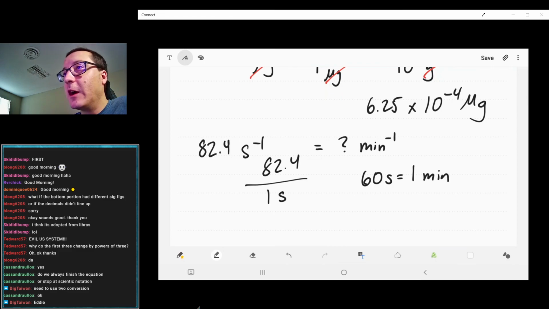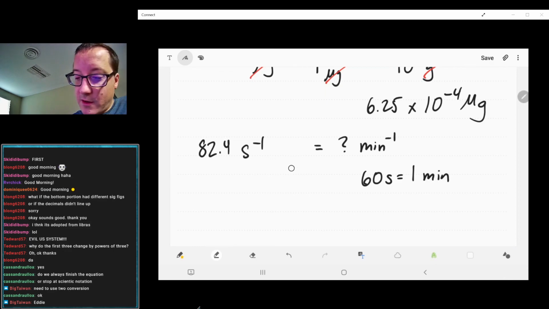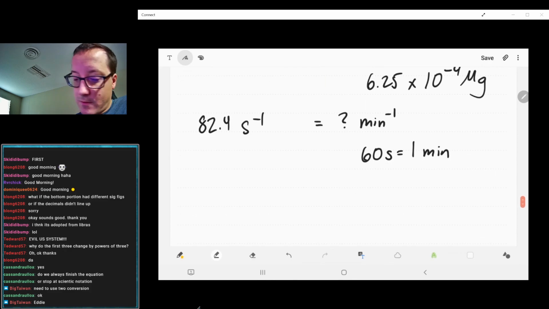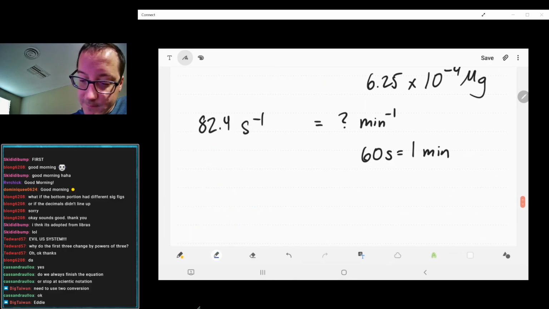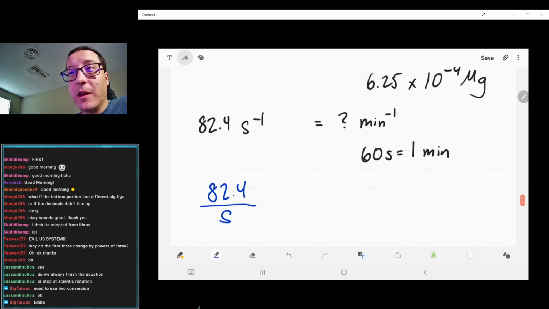Hopefully, we all know that 60 seconds is 1 minute. Let me just erase this. We're going to put it down here. Let's see how this one works. I'm going to just put the seconds in the denominator, because that's the same thing as having that negative exponent.